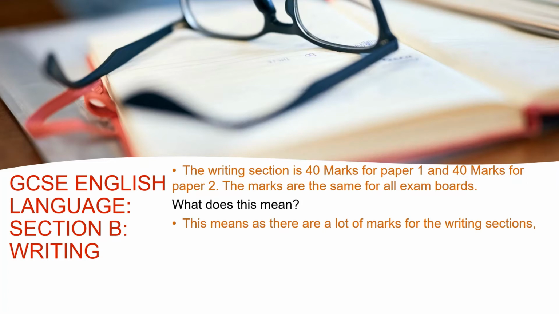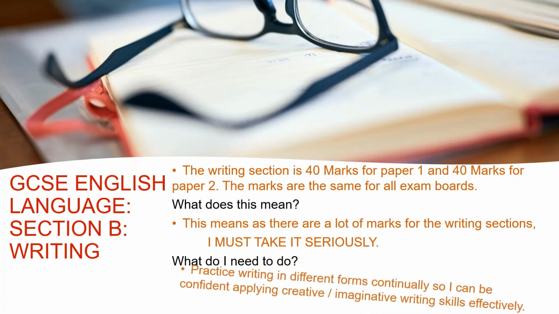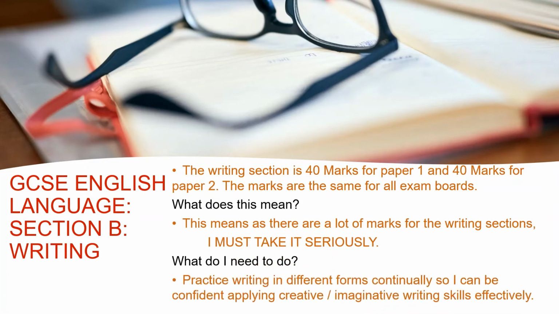So if you are someone who really wants to ace your English, you know you have to pay a lot of attention to the writing part as well. So you must take it seriously. What do I need to do to be able to get my English writing marks? Practice.